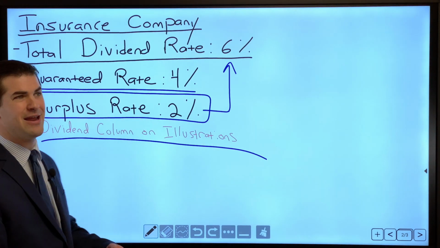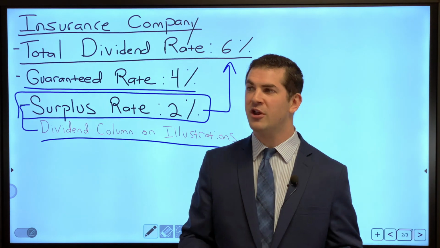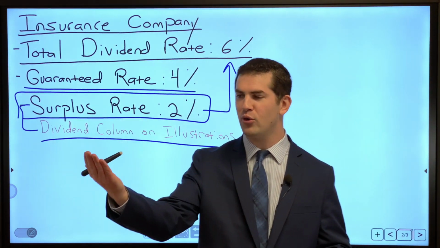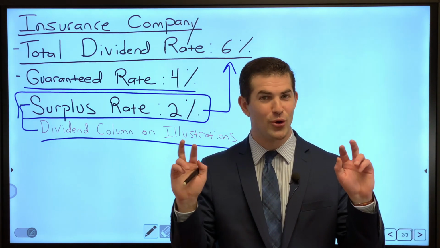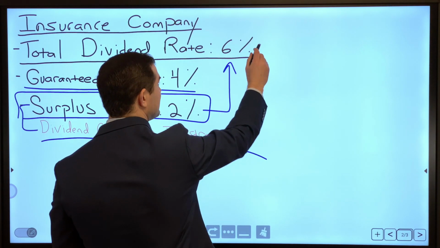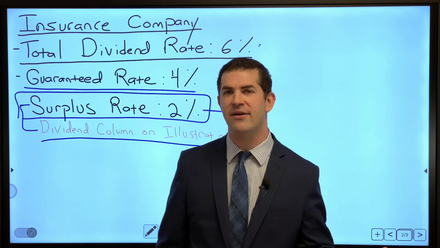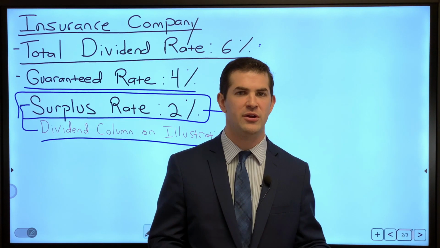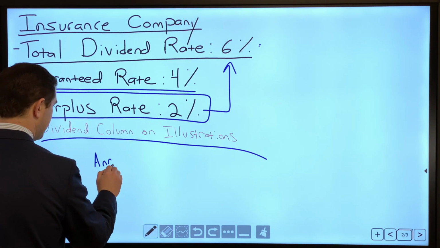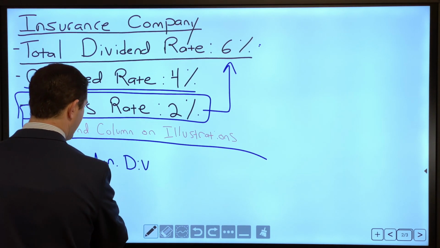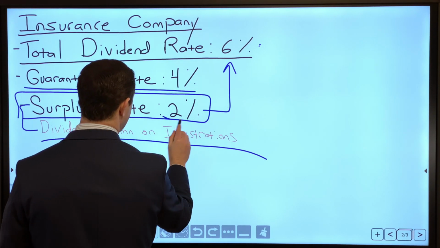So whenever I look at a detailed illustration from any life insurance company, sometimes it can be confusing because I look at my total cash value, I look at my dividend column, the company's total dividend rate is 6%, and when I start crunching the numbers, it comes out to like 1.5 or 2%. Very confusing because the illustration will often say annual dividend on the illustration, which makes me think it should be the total dividend rate.